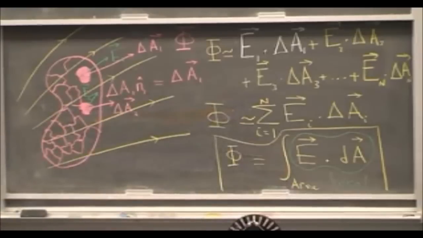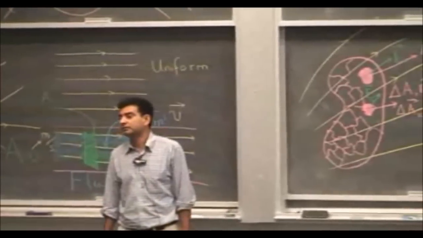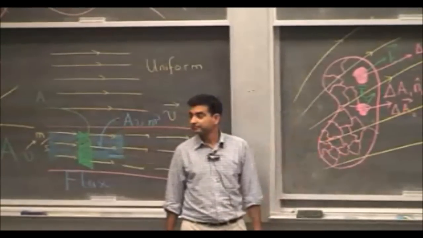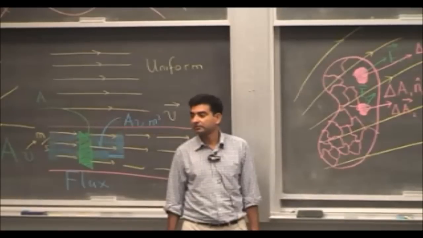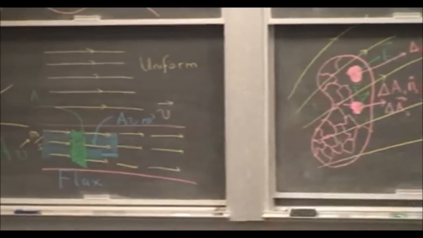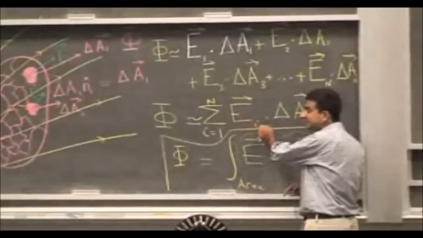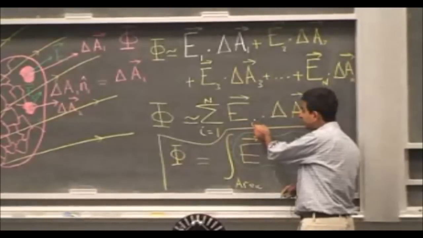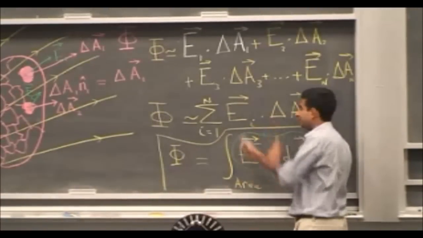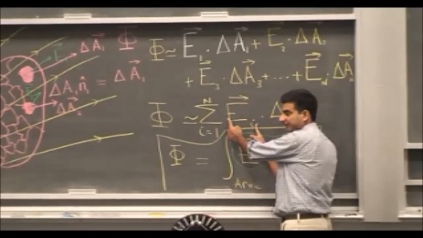No, it's not constant, it's changing. So what I am doing is, I take the dot product of the electric field. Now this i represents the electric field at patch i. Right? Now this is changing from patch to patch. Isn't it?